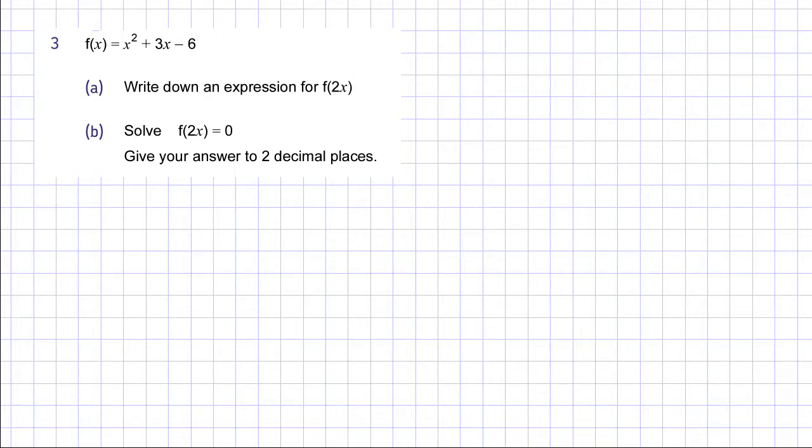So let's do that. So I have f(2x) is equal to, so I'm going to use brackets to show I'm substituting something, plus 3 times 2x minus 6. Now I'm going to simplify it. Now remember they said write an expression, so I'm just going to work with this now.